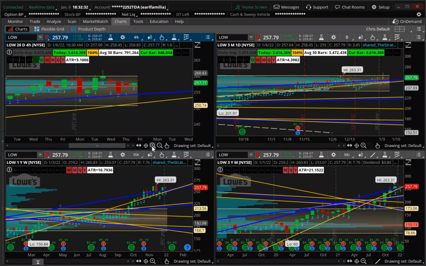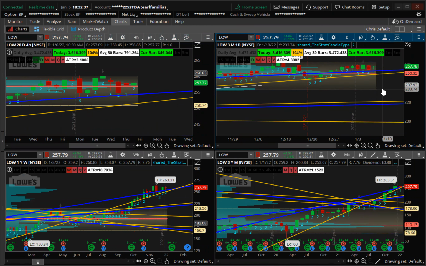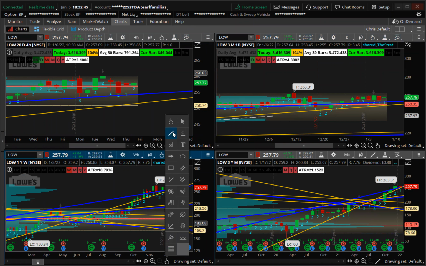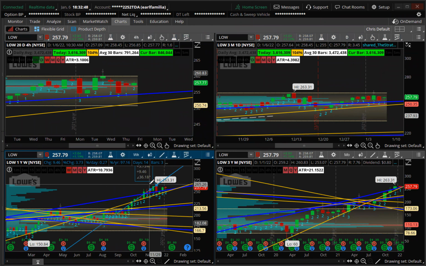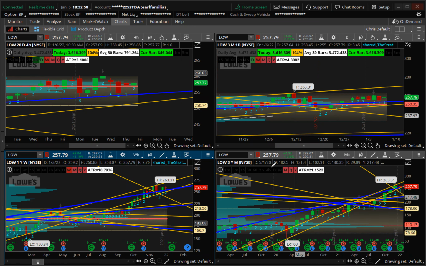Lows. Now lows. That thing looks solid. All right, so we've got 212 on a day.